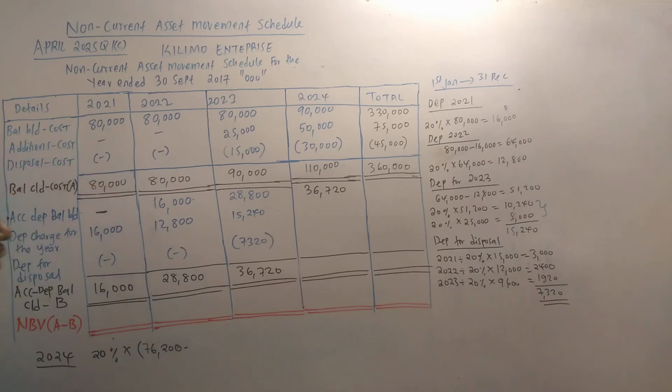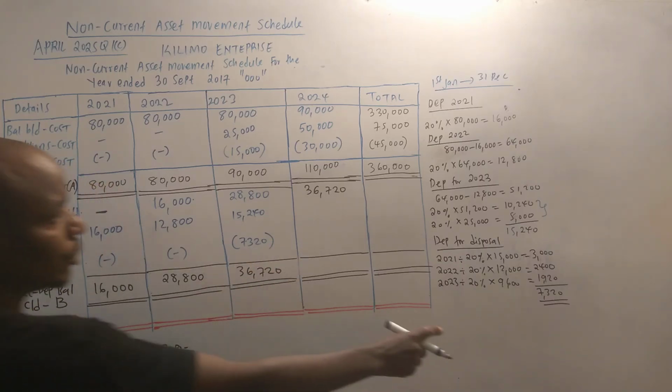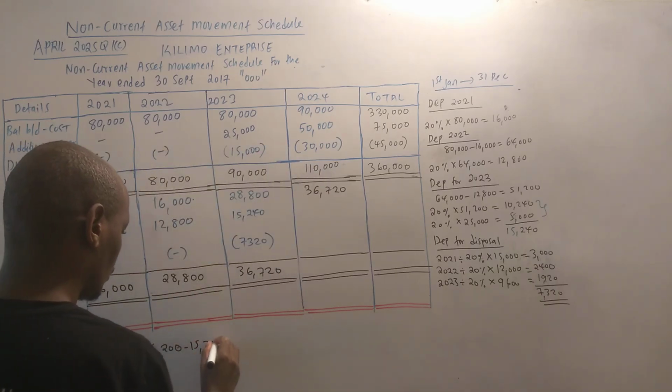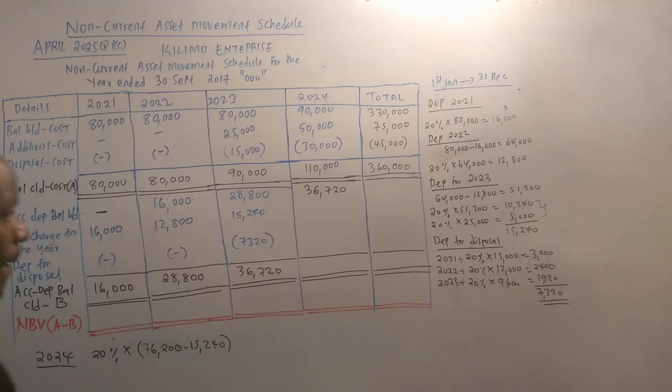Then you less the depreciation of 15,240. I think that will be fine. Do we have any other thing?